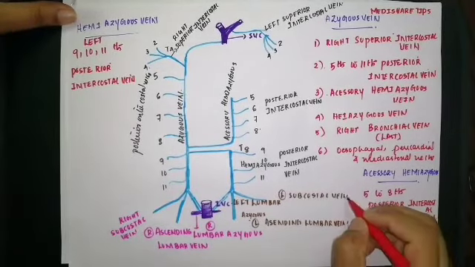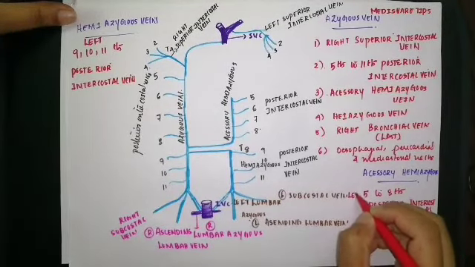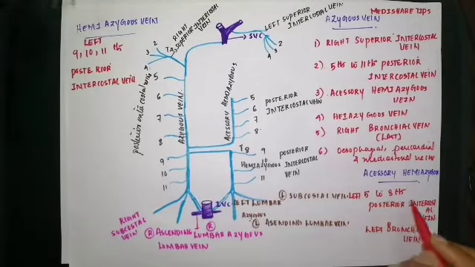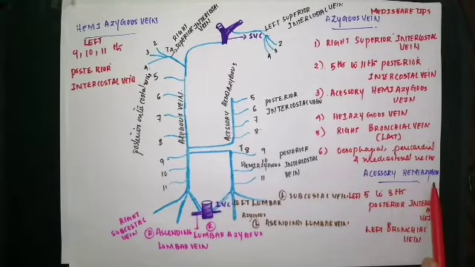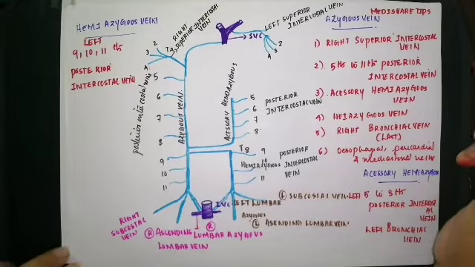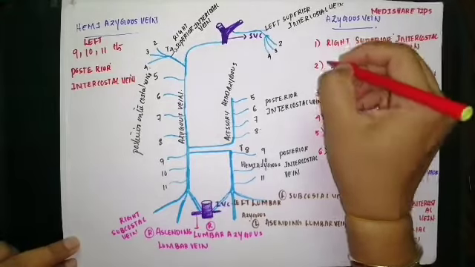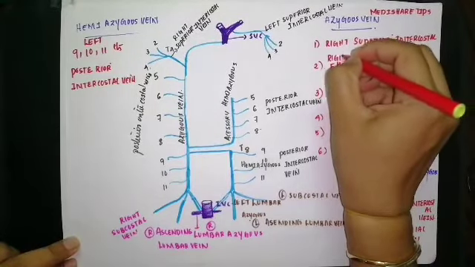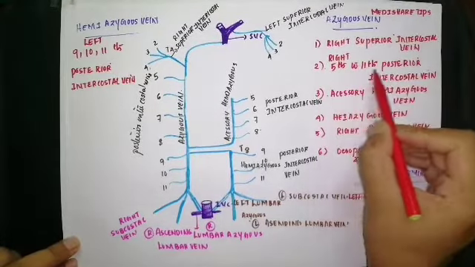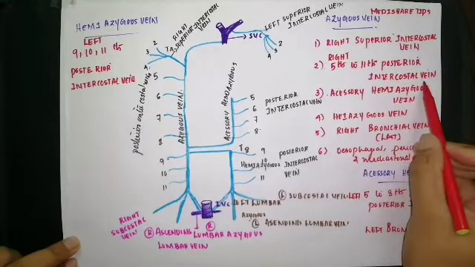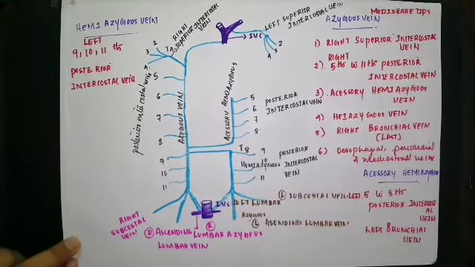Here also add left: it is the left 5th to 8th posterior intercostal veins which are draining into the accessory hemiazygous. Similarly, here also add right: the right 5th to 11th posterior intercostal veins are draining into the azygous vein.